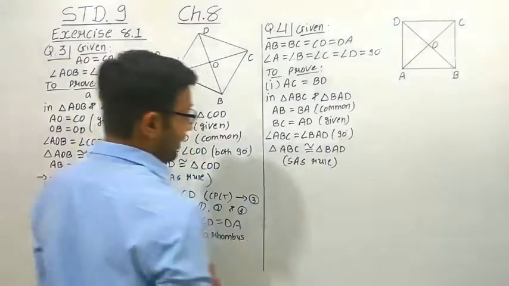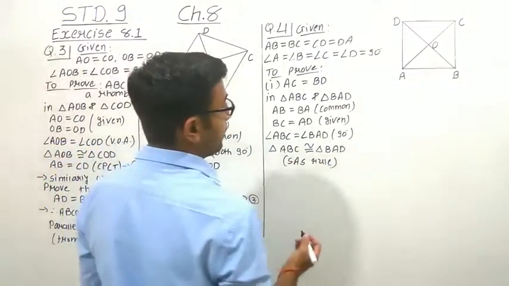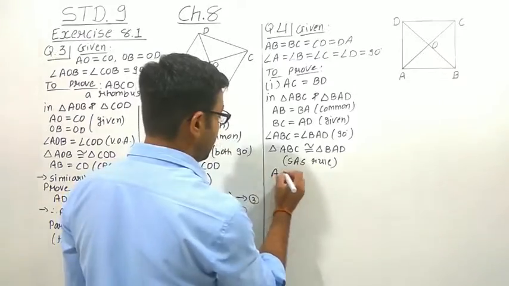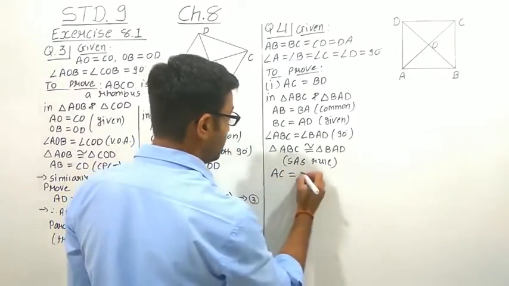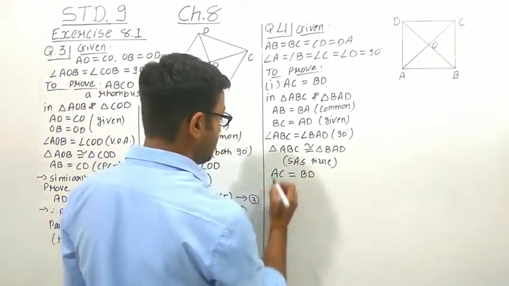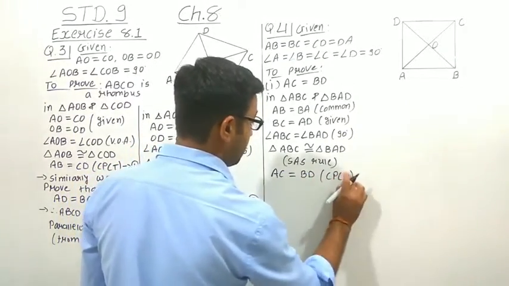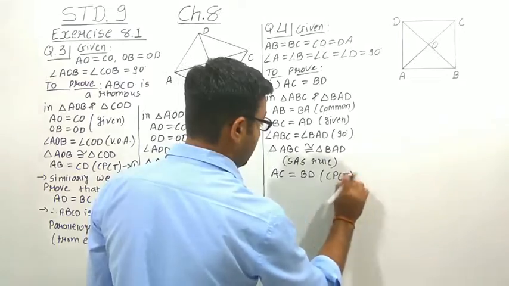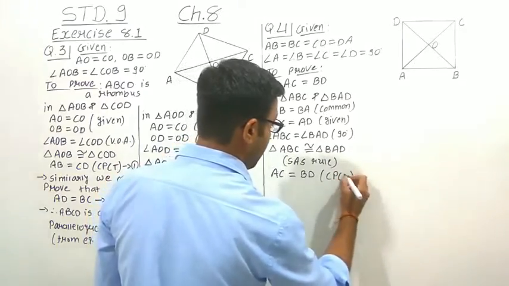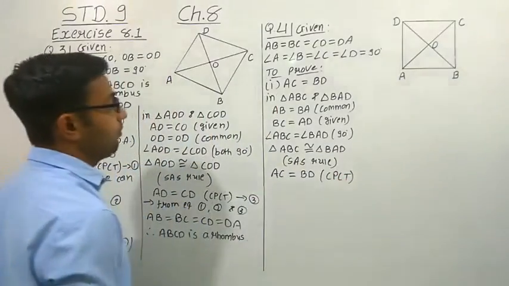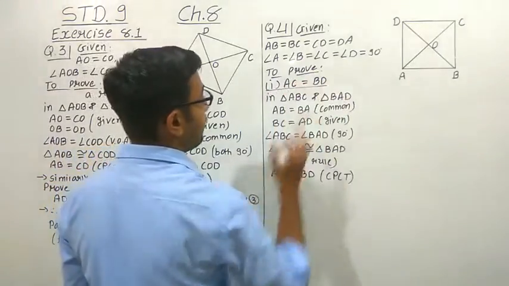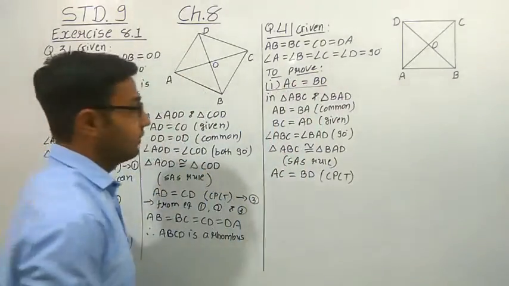So if the triangles are congruent, the corresponding parts are equal. So if we take the AC side, then the second one we have to take is BD side. So we can write this down by CPCT. And that is the first thing that we have to prove, that the diagonals of a square are equal.